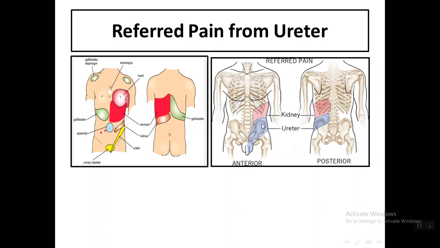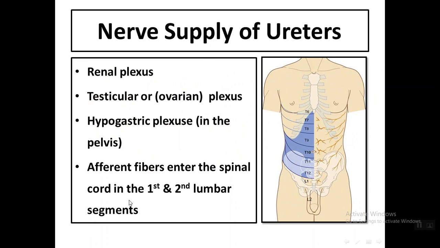This is the region of referred pain from the ureter. Why? Because the afferent fibers coming from the ureter enter the spinal cord in the first and second lumbar segments, and these are the dermatomes of the first and second lumbar segments in the inguinal region and in the region of the scrotum.